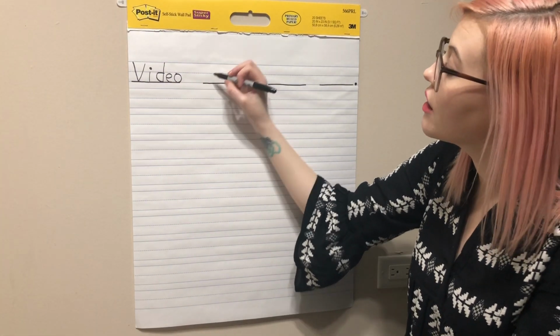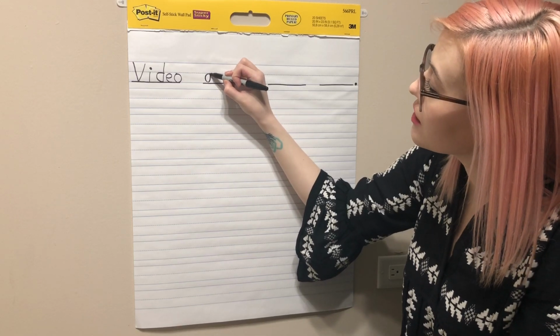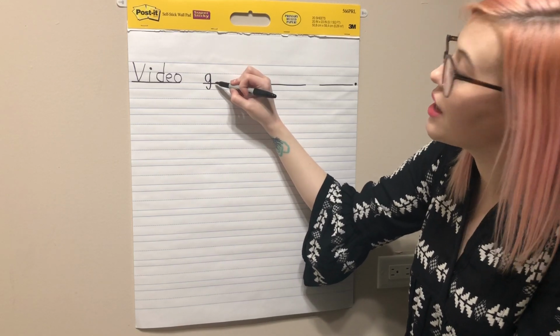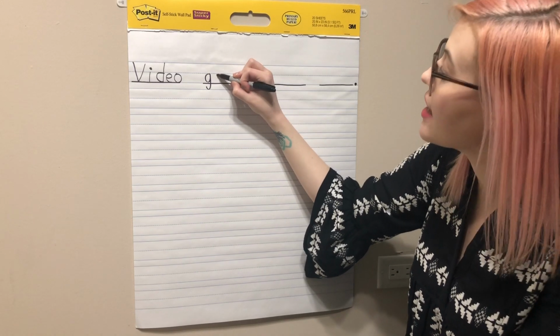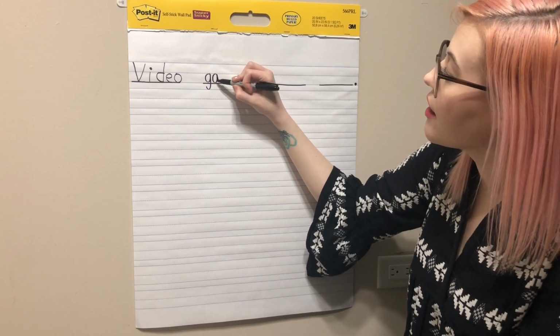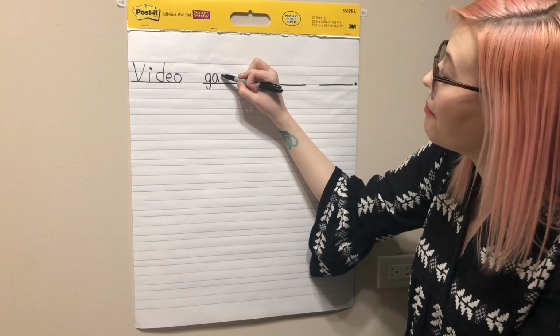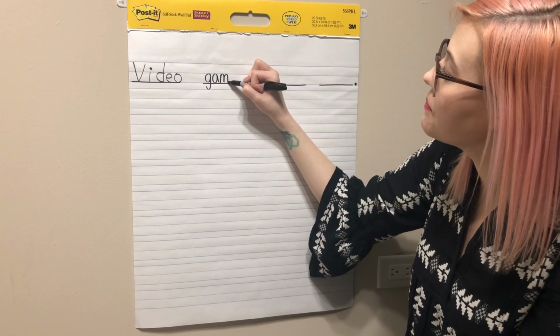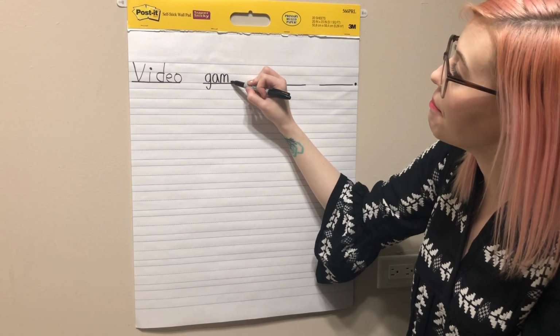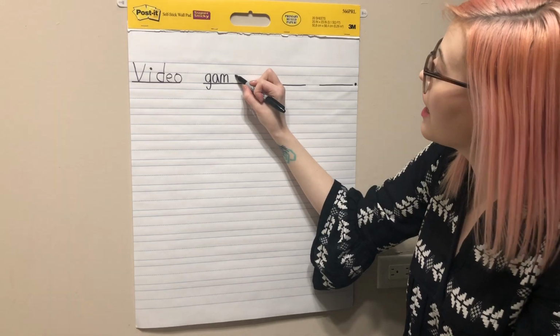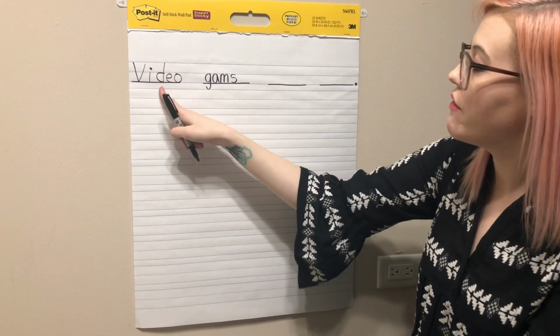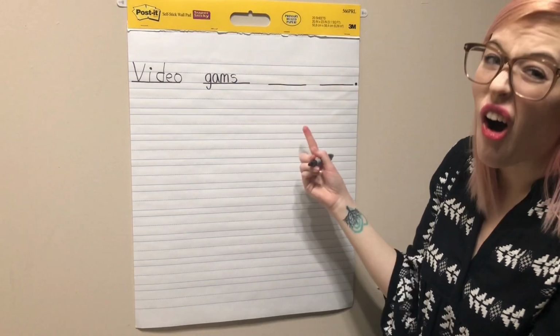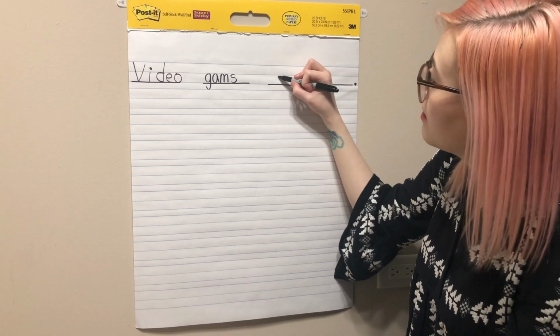Games. G says g. A says a. M says m. S says s. Video games. Are is a sight word.